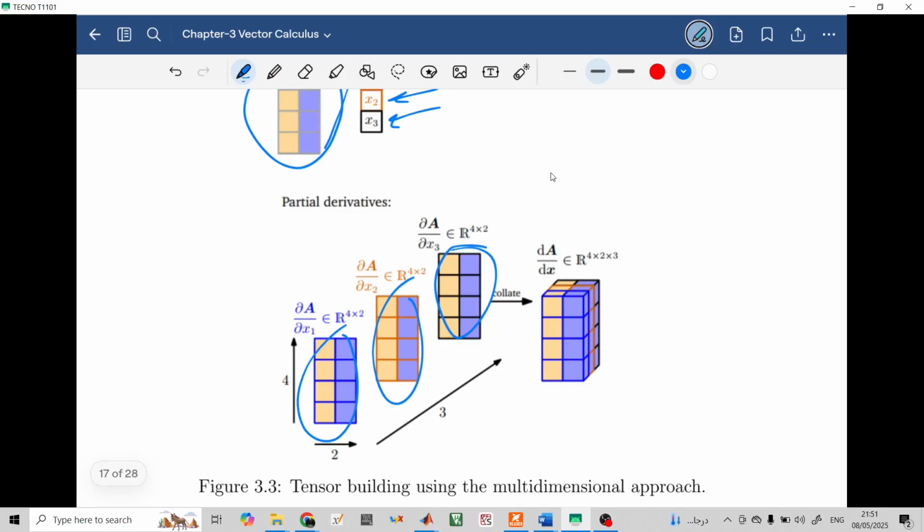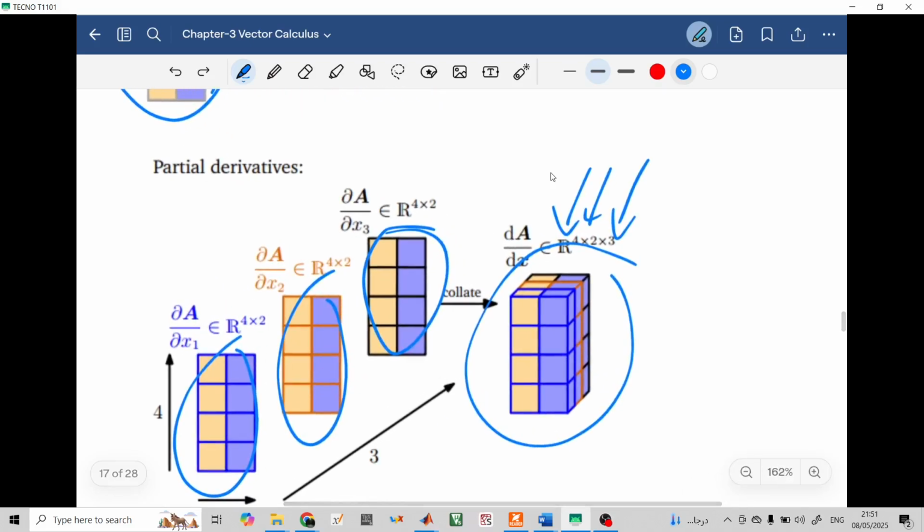So now we have 3 different matrices. We combine them as a notebook, so you have 3 pages. Now we get a 3-dimensional tensor. This last dimension is the number of pages that we have in the tensor. This is one way to look at the tensor formulation.